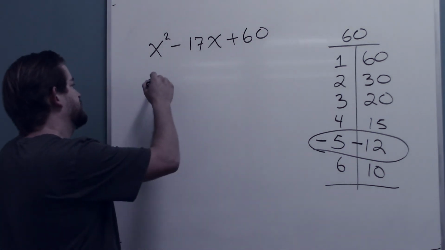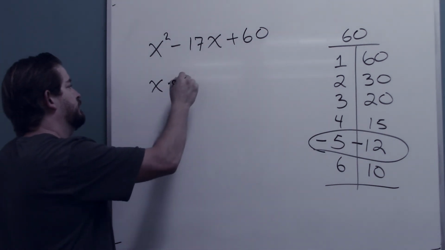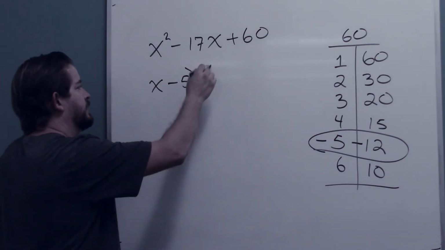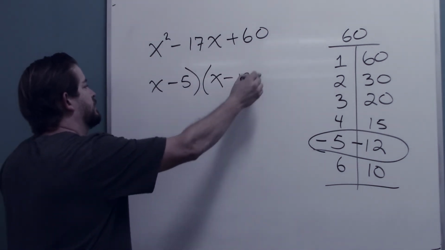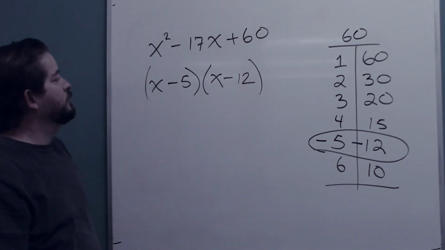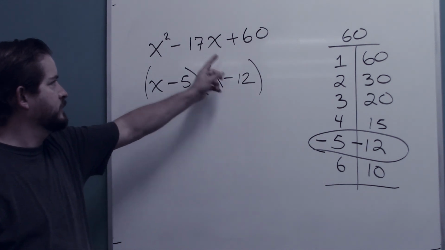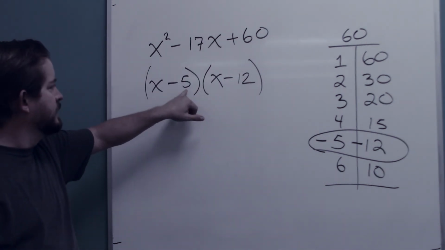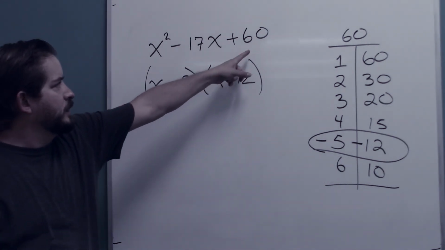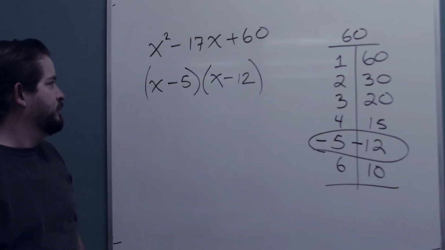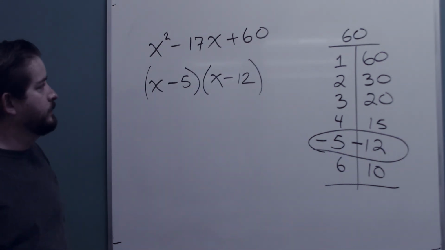And therefore this turns out to be x minus 5 times x minus 12. And again, you can verify that, but you can see minus 5x and negative 12x will combine to give you negative 17x. The negative 5 times the negative 12 will multiply to give you that 60 positive. And we're done.